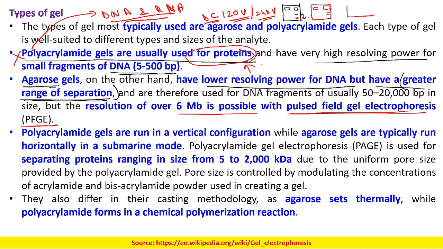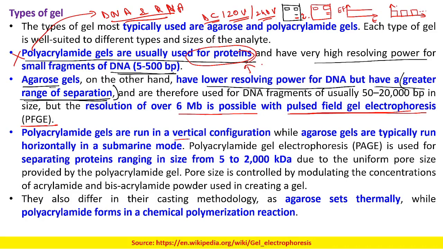In the previous case, if you plot the electrical field over time, it will be constant. However, in pulsed field gel electrophoresis, at an initial stage we give a pulse of, say, 120 volts, then for a particular time it is off, then for some time we give another pulse and there is an off time, and after the off time we again give some electrical field, and this will continue.